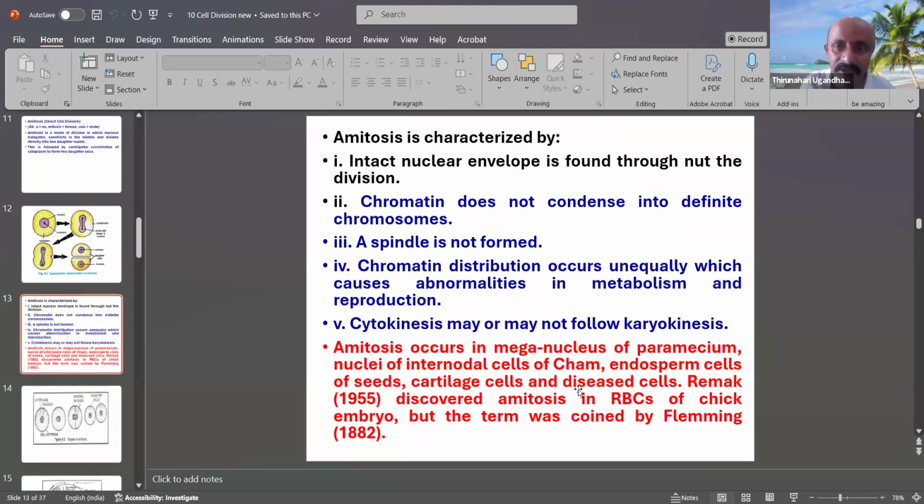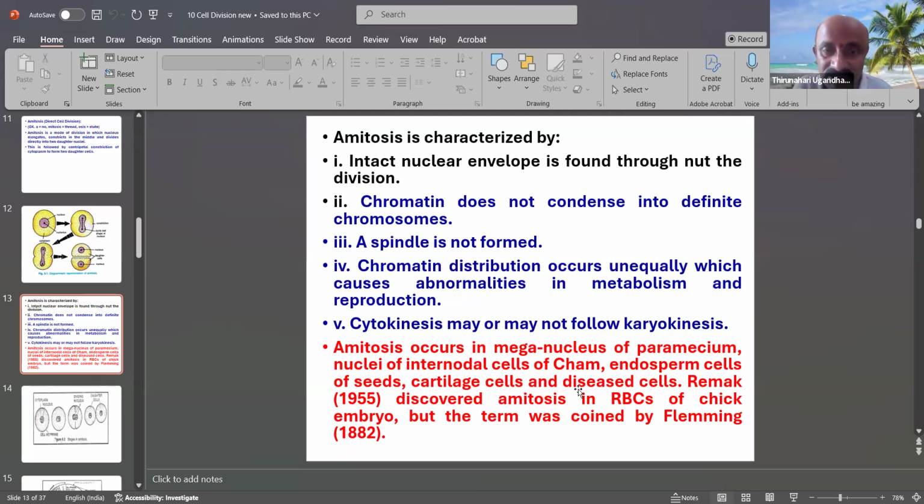Characteristics of amitosis: the nuclear envelope remains intact throughout the division. First point, the chromatin does not condense into definite chromosomes. Only chromatin is there, and it does not directly divide into new chromatids to pass to the daughter cells.